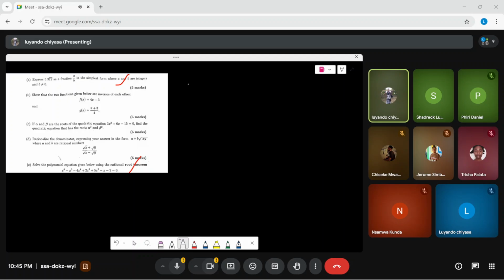I'm saying that you should repeat the statement. Okay, the statement is: therefore the quadratic equation with the roots alpha squared and beta squared is x squared minus 14x plus 25 is equal to 0.